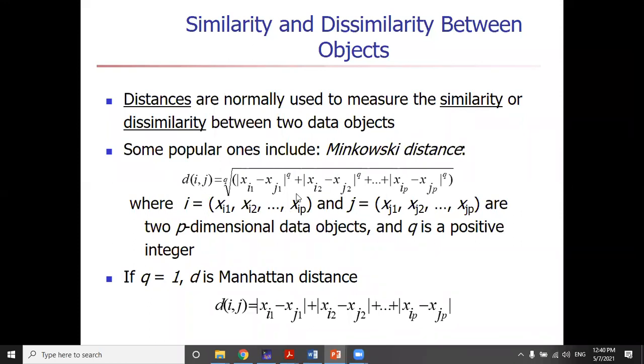And it looks like this: d of i comma j is equal to |xi1 minus xj1| to the power q plus |xi2 minus xj2| to the power q plus dot dot dot plus |xip minus xjp| to the power q.